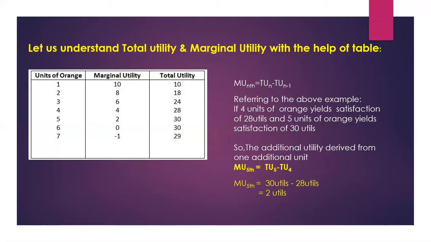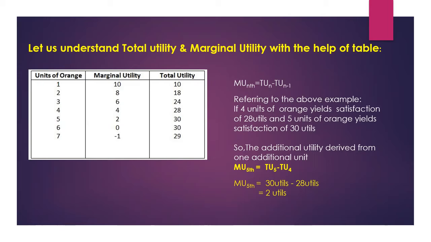Maybe from the first unit, I was deriving 10 utils. From the second unit, I may derive 5 utils. From the third, I may derive 4 utils. So if we take an example, as you can see in the table, MU n is equal to TU n minus TU n minus 1.